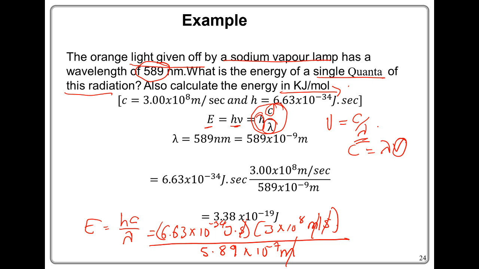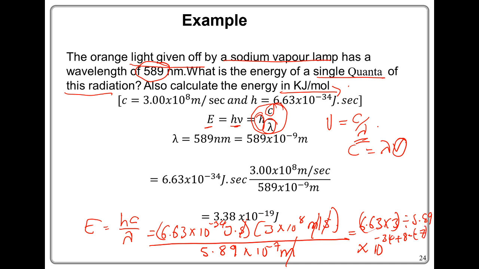So for simplicity's sake, you can simplify this like this, where you say this is equal to 6.63 times 3 divided by 5.89 times 10 to the power minus 34 plus 8 minus 7.